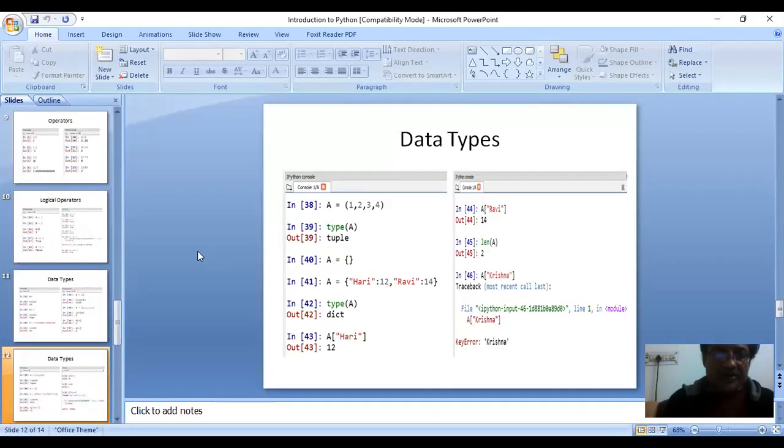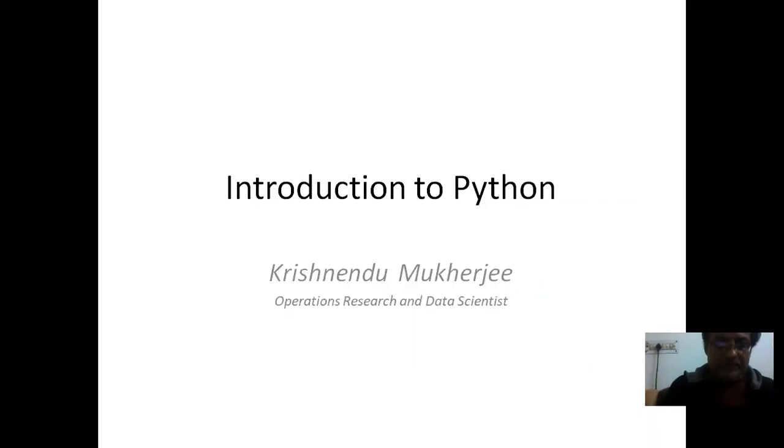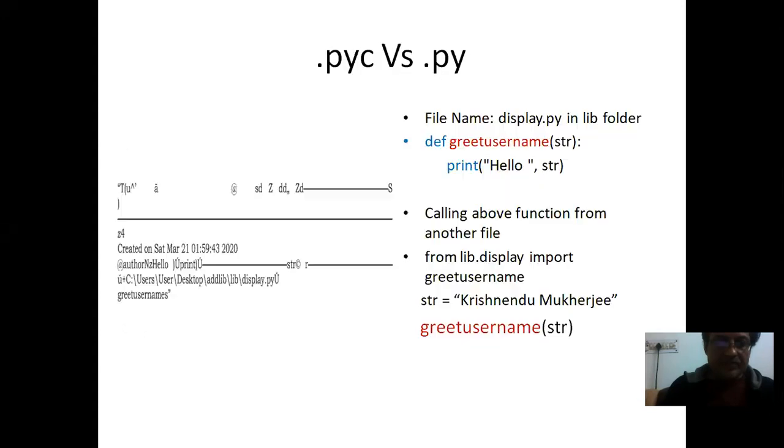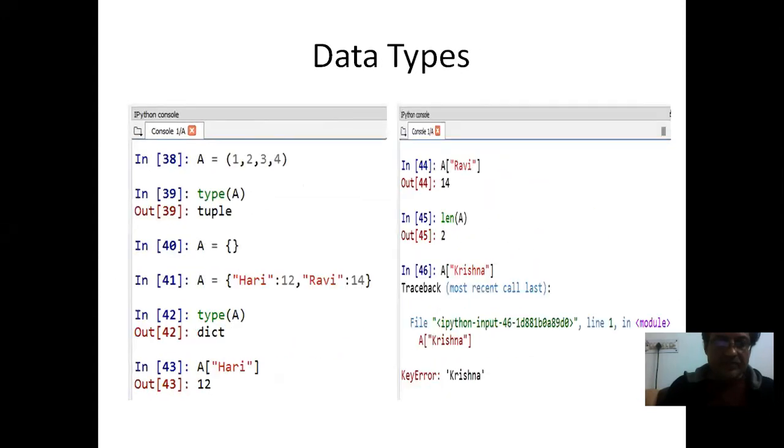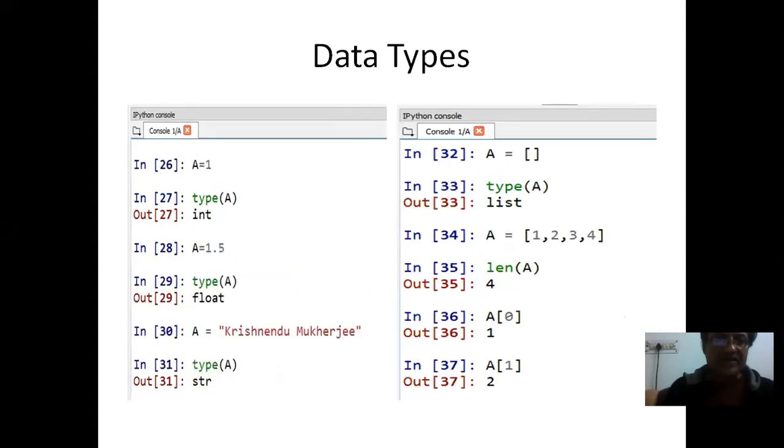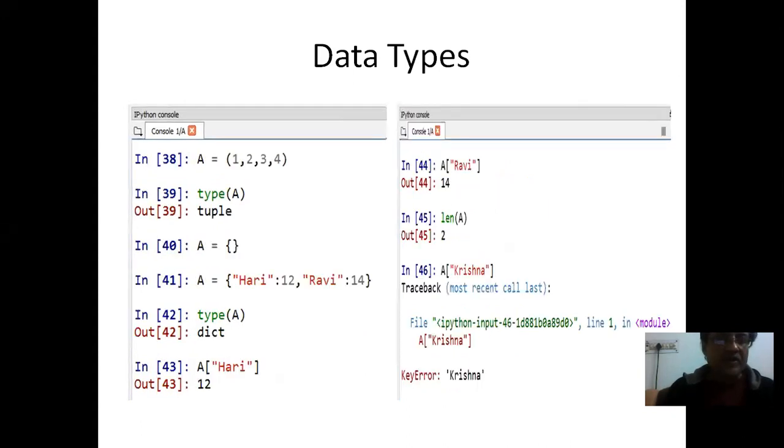Now I will enter the next data types. Already I discussed this part, the length of the list, what is indexing in this list, etc. The next data type is basically the tuple. A within first bracket 1, 2, 3, 4.